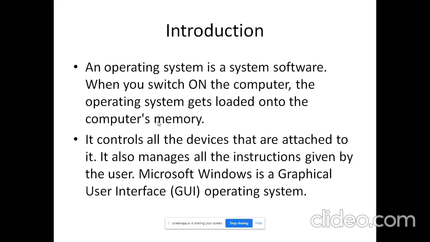GUI simply means you can see all the icons and the desktop screen, and you can interact with the computer with the help of a mouse and keyboard. That is called a GUI operating system. Each and everything is visible, and that operating system is user friendly. All users can operate it very easily. So that is what a GUI operating system is.